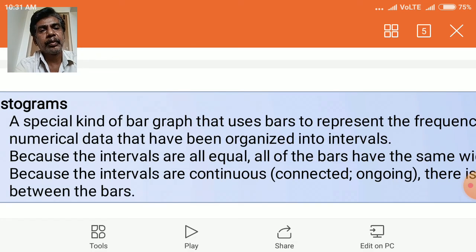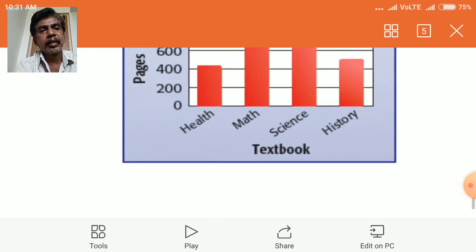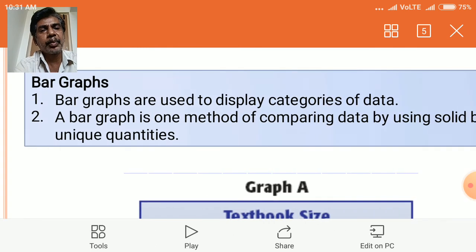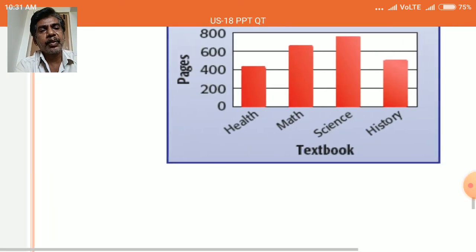Therefore, these are line graphs, bar graphs and histograms.